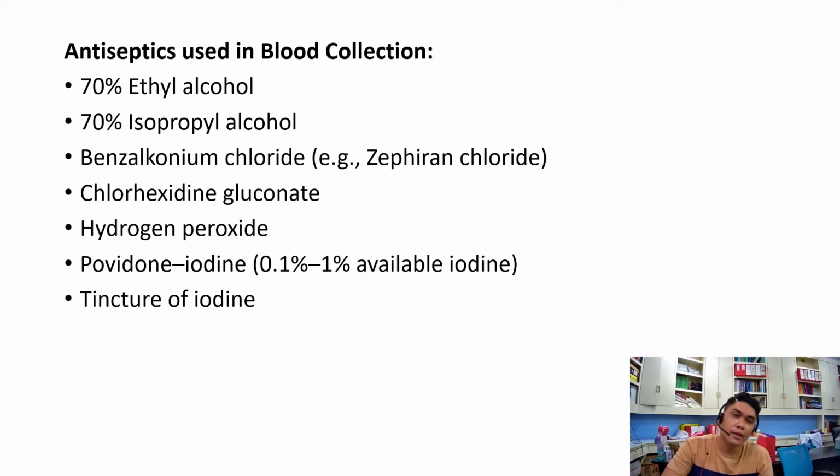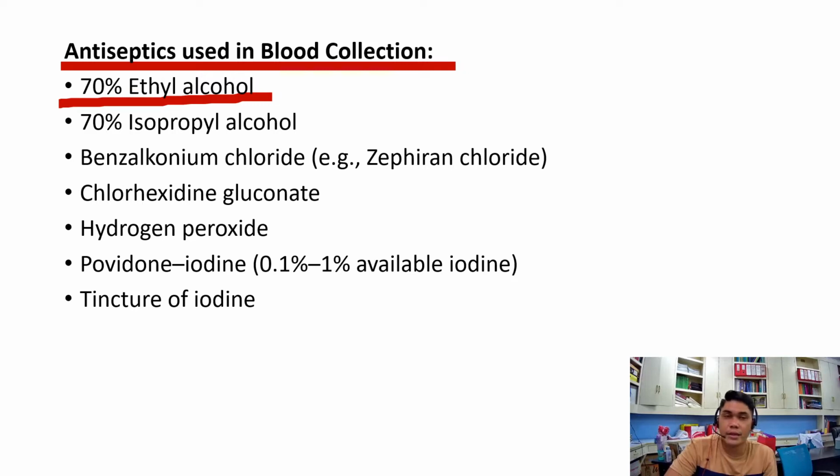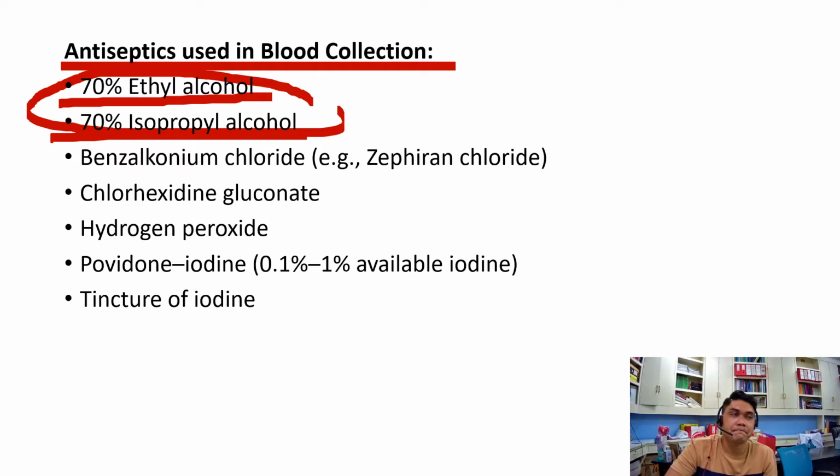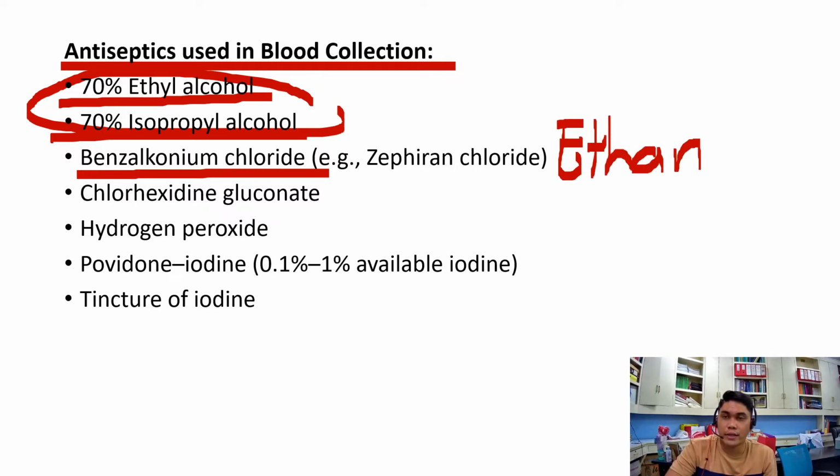So regarding antiseptics used in blood collection, first you have 70% ethyl and 70% isopropyl alcohol. Another, you have benzalkonium chloride. This is for ethanol or alcohol testing.